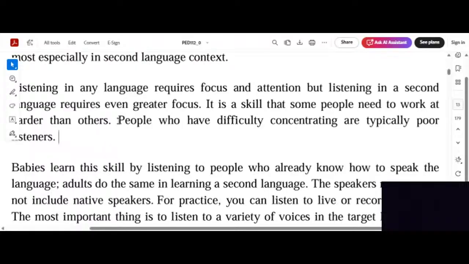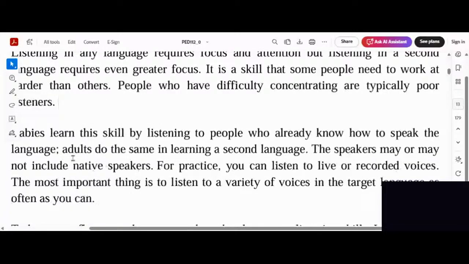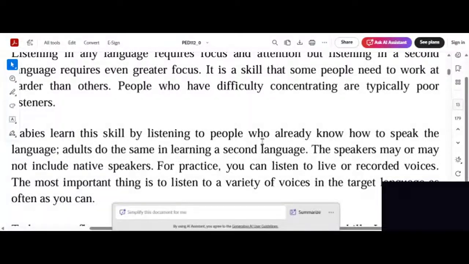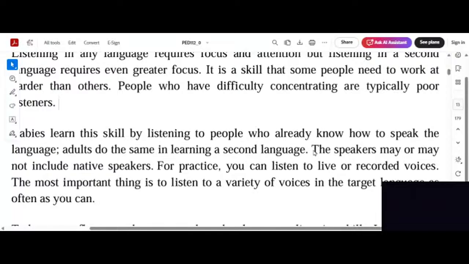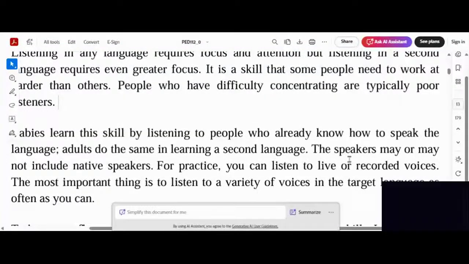So that's important. Let's look at the example of the babies that you are actually learning to teach. Babies learn this skill by learning how to speak the language, while adults do the same in learning a second language. The speakers may or may not include native speakers or recorded voices.